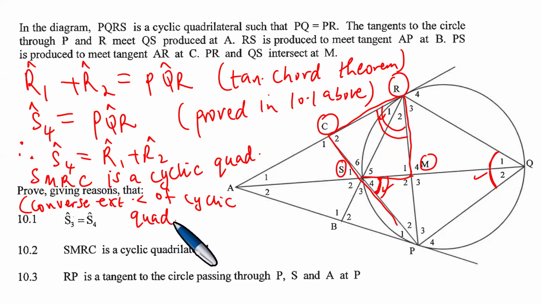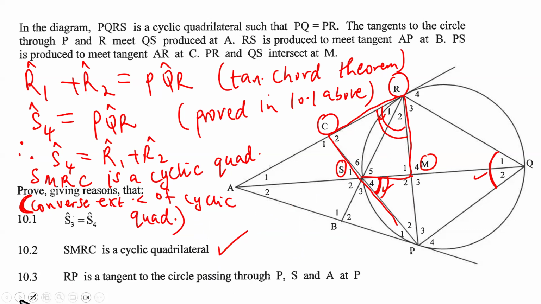It is the converse because we have that the exterior angle of this quad equals the interior opposite angle, and therefore that means that we have a cyclic quad. So we have been able to prove 10.2 with so much ease. Just note that part.